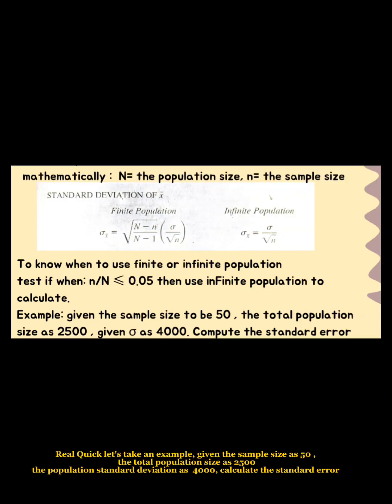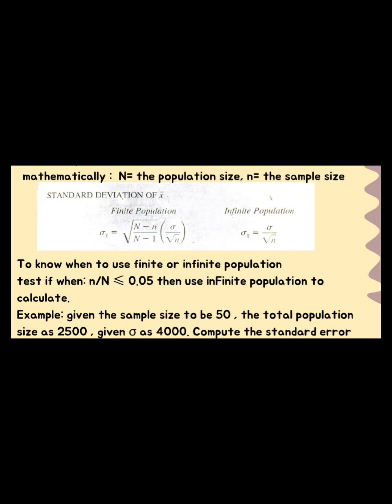Real quick, let's take an example. Given the sample size is 50, the total population size is 500, and the population standard deviation is 4,000. Calculate the standard error. Note that standard error is also known as the standard deviation of the sample mean. As stated earlier, even though we have a finite population, there is a need to test if we can use an infinite population formula to solve this.